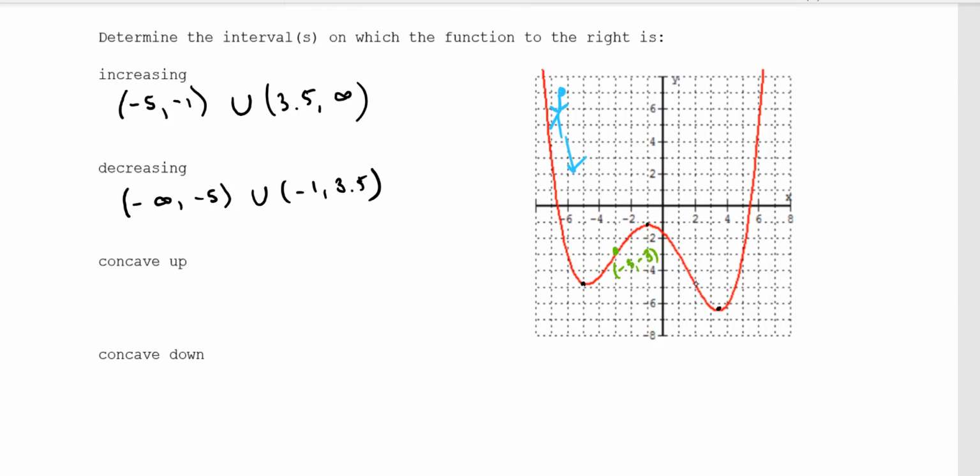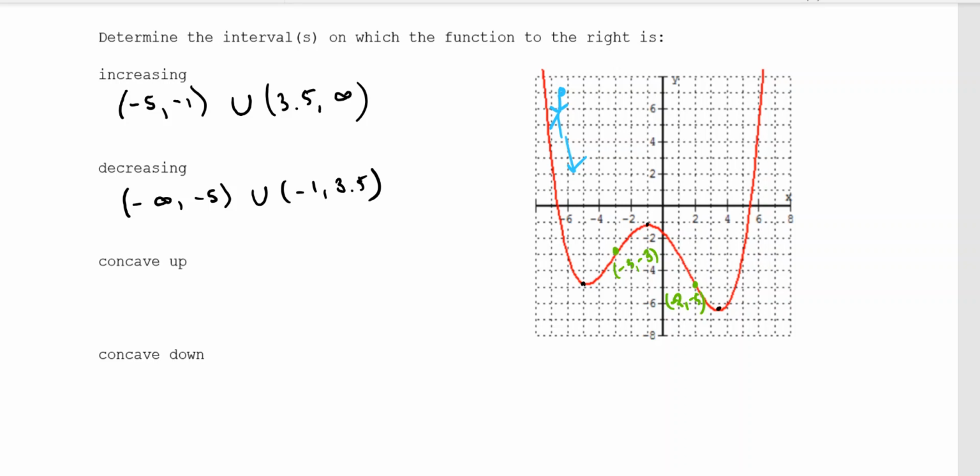Then roughly again right around 2, -5. And that's about it. So it looks like we're going to be concave up over on the left. Then we go to concave down for a while before we go concave up once again.